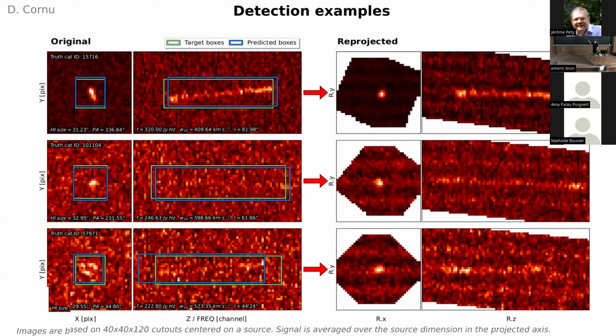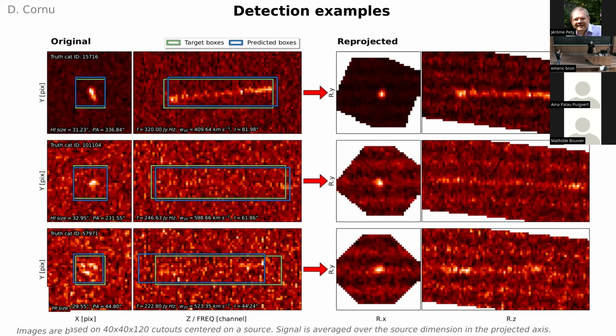These cutouts actually do not correspond to the input size of the model. The input size is larger than that, and here I have just centered it for the visualization. The input is typically a 64 by 64 by 256 subcube, and I think those are a quarter of that, something like that.